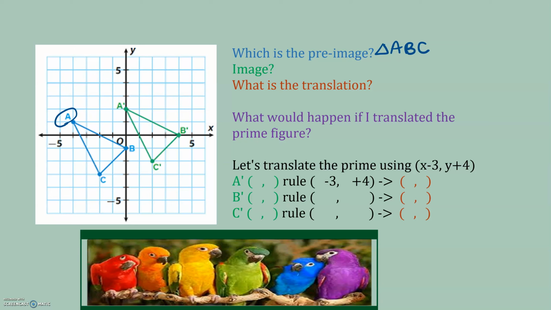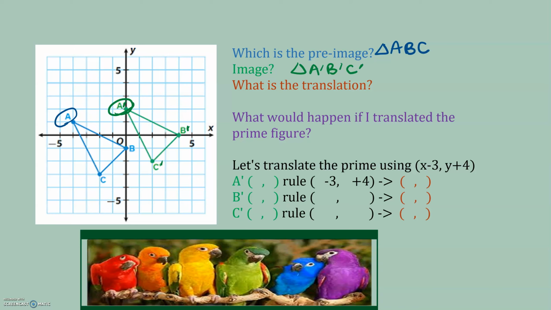Well, if my image is not blue, it's going to be the green shape. And we know it's the image because it has our prime there. Our prime is attached to all of our points. So our image is the triangle A prime, B prime, C prime.